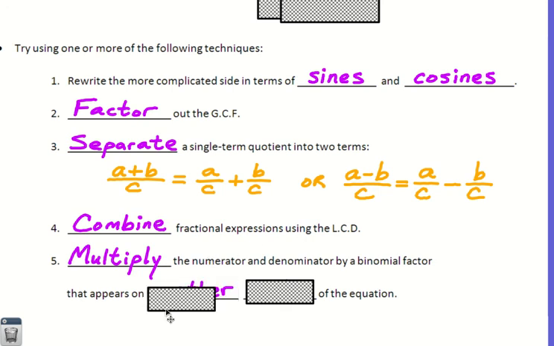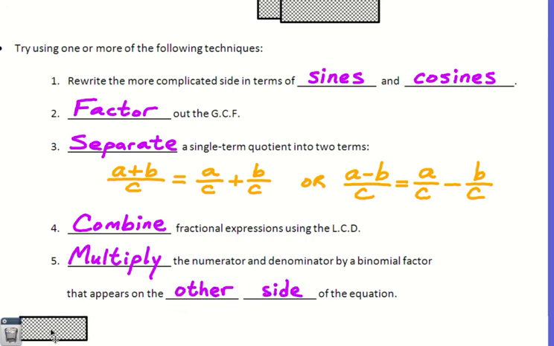Multiplying by a binomial that occurs on the other side of the equation. Is that cross multiplying? Multiply that by a binomial factor. You know what? I think this applies to something that I'm going to try to avoid mentioning. Why is this here?